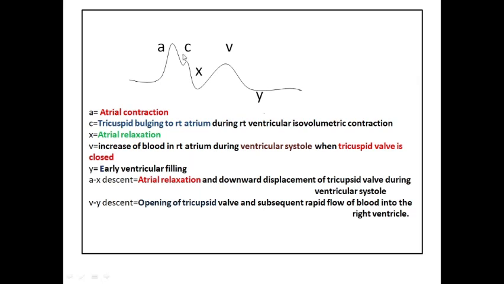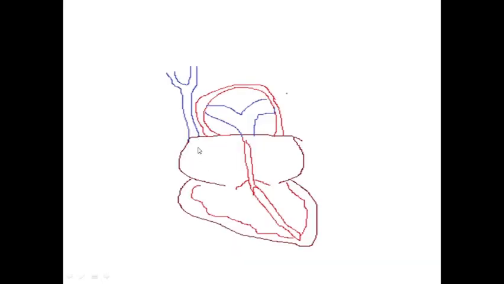Now the blood from the atrium has completely come to the right ventricle. The atrium is completely relaxed, and it produces the X descent. Now what happened?